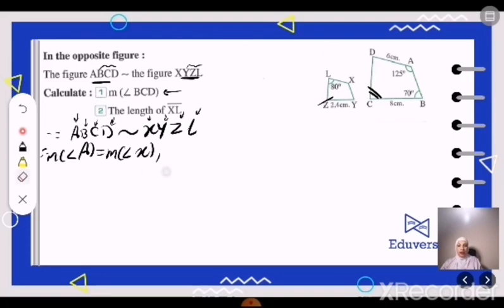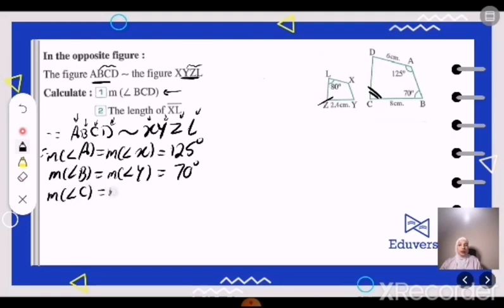I have the measure of angle A already, so I can just write it, which equals 125 degrees. And measure of angle B equals measure of angle Y, which equals 70 degrees. And measure of angle C equals measure of angle Z, which I don't have.